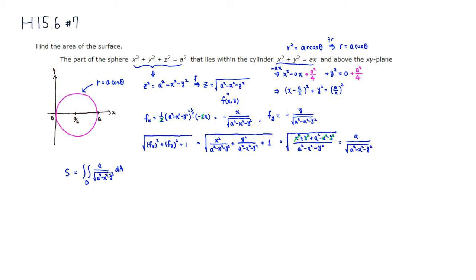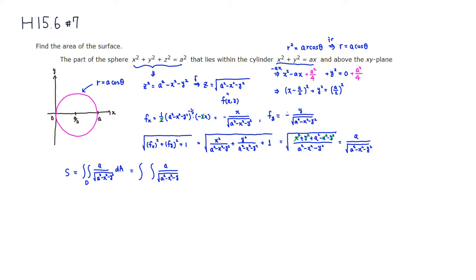All right, so it's probably better to use polar coordinates since we're talking about a circular region. So let's convert it to polar coordinates. So you have a double integral. The integrand is still a over the square root of a squared minus x squared minus y squared.